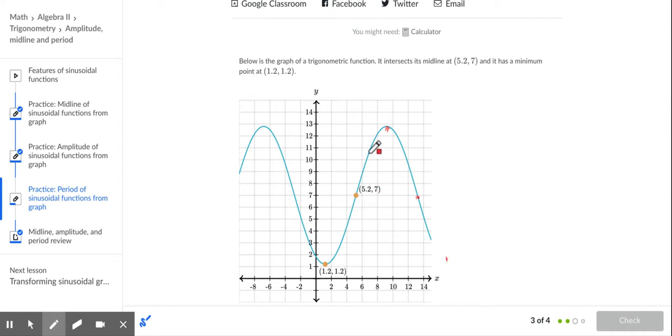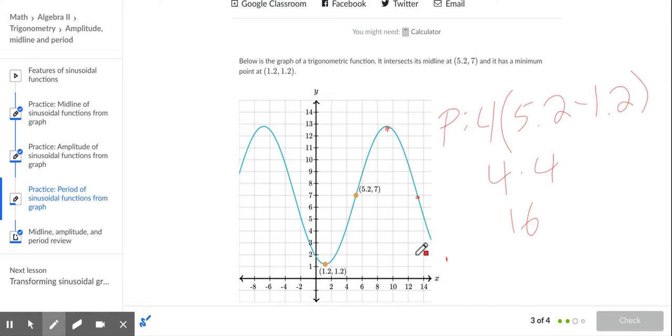So that's why it's 4. 1, 2, 3, 4. All right, so my period is going to be 4 times 5.2 minus 1.2. So that's 4 times 4, 16. So my period here would be 16.